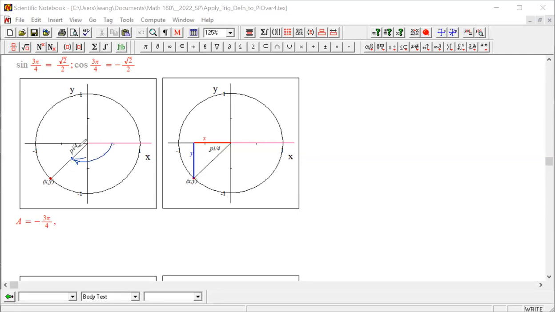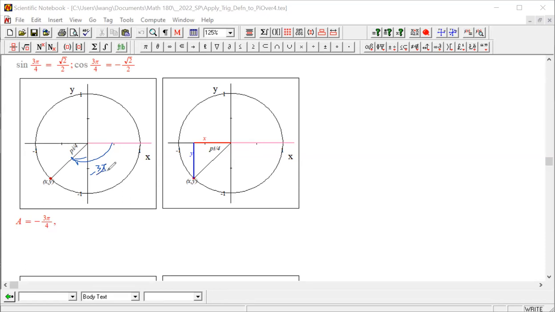And that's the terminal. We pick a point arbitrarily on the terminal other than the origin, and we pick the point on the unit circle because that might be the simplest. We have the reference angle of pi over 4. So this angle is negative 3 pi over 4.